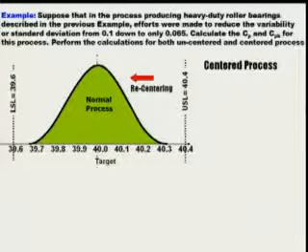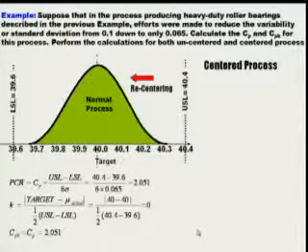Now, if we center the process back to the target value and repeat the calculation, the PCR is now 2.05. Goodness, that's almost 6 sigma. Indeed it is. Here is the K, which is 0 because there is no difference between the target and the actual. And here is the CPK, which will be identical to the CP.